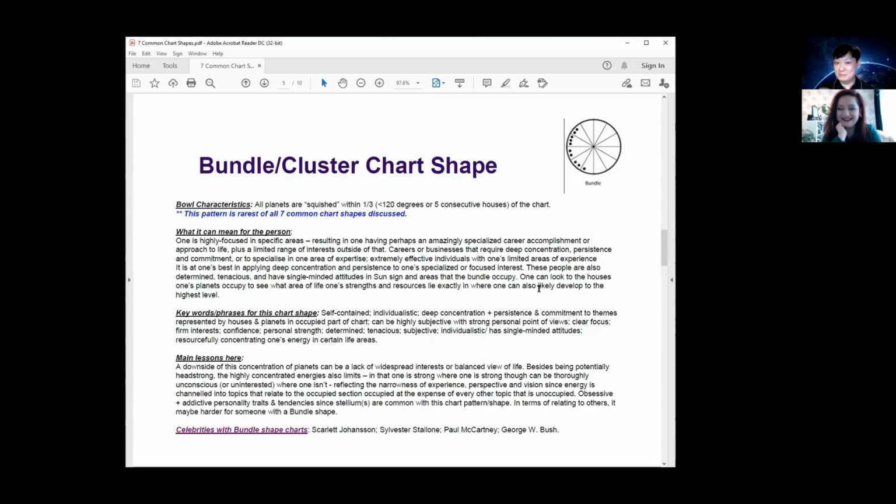The quality of being a specialist is a plus, but it can also bring potential issues, because you have a very specific personal point of view. Depending on what signs are occupied in your particular bundle or cluster, you'll be so heavily focused in those areas that the rest seems alien to you.